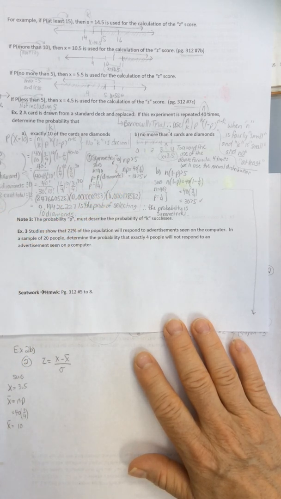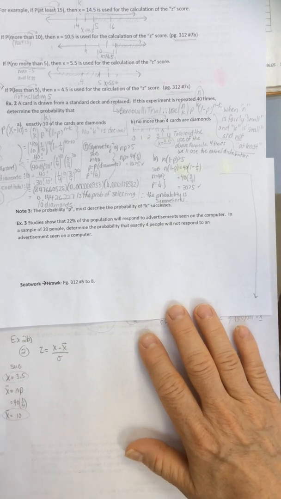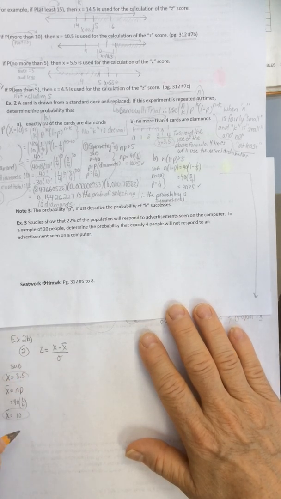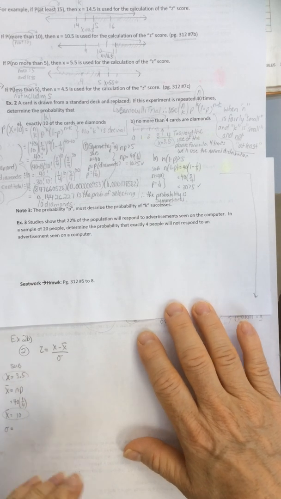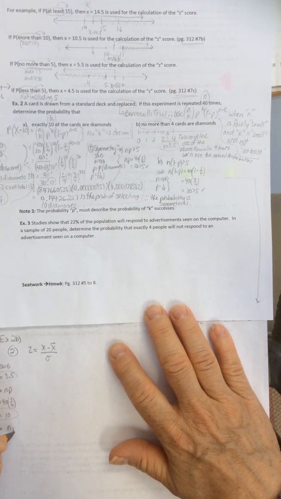You can just sub that in right away. So x is 3.5. The average is 10. What else do we need? We need the sigma. You're still doing n times p times 1 minus p, all under the square root.